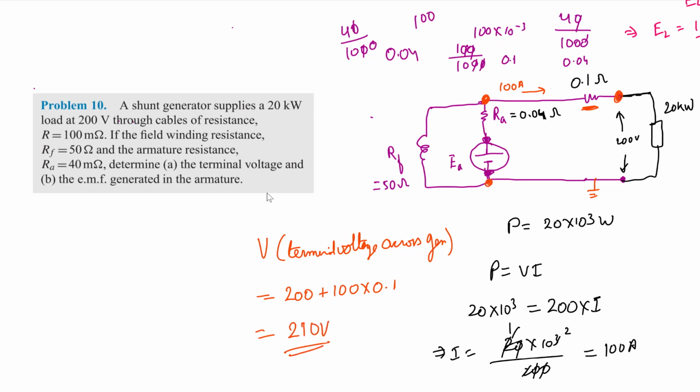So the terminal voltage across the generator is 210 volt.